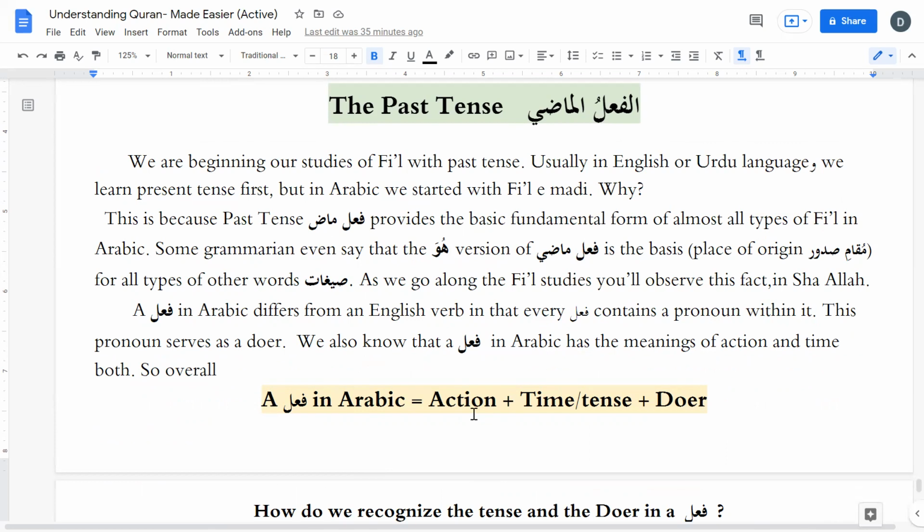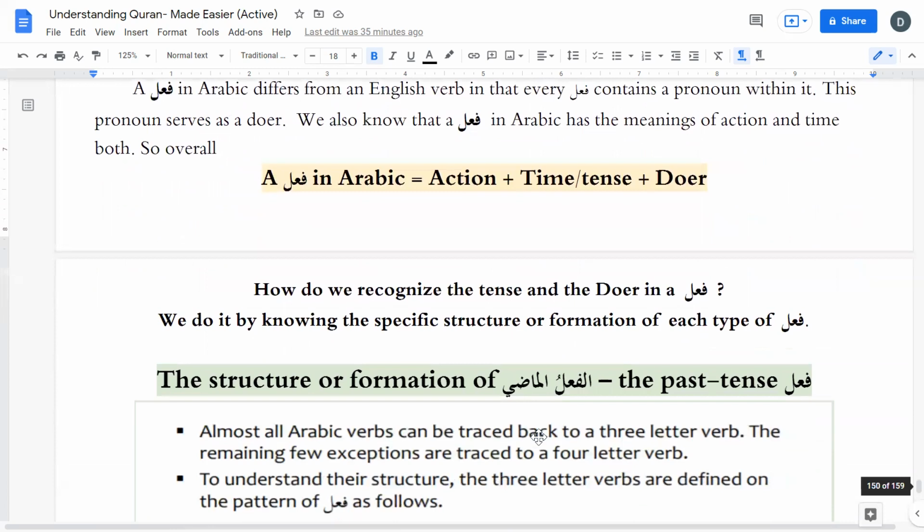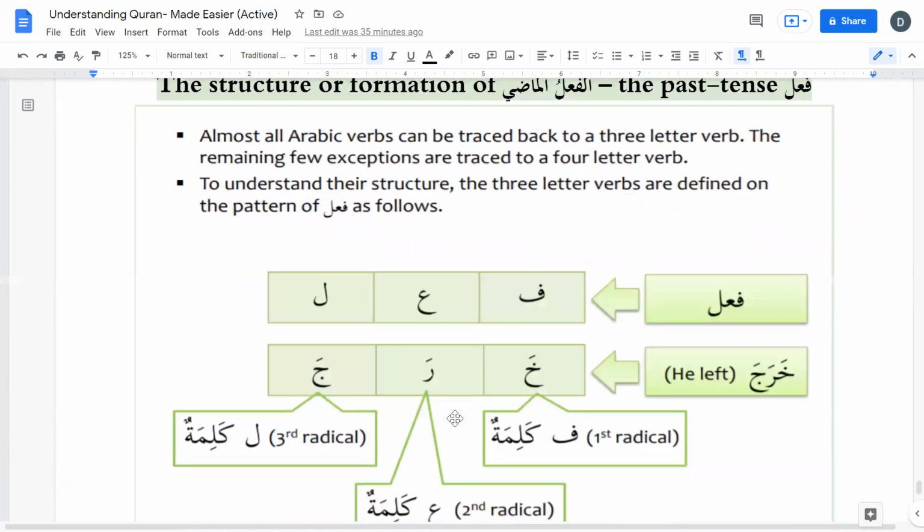And in the same word, we know who is the doer. Inshallah, you will see as we go through the Fi'l Madi conjugation. We recognize the tense and the doer in that particular fi'l by knowing the specific structure or formation of each type of fi'l.